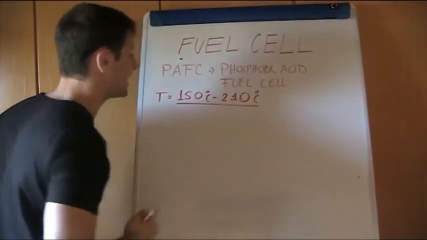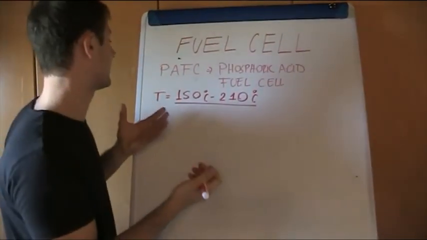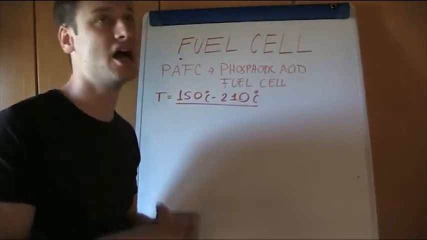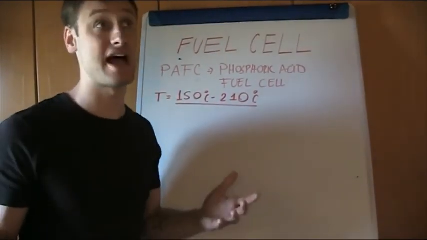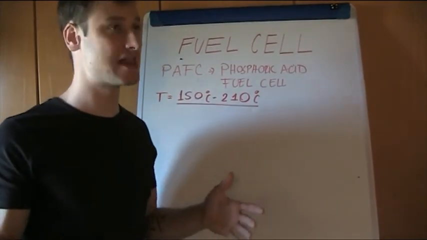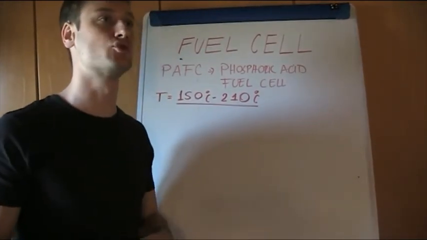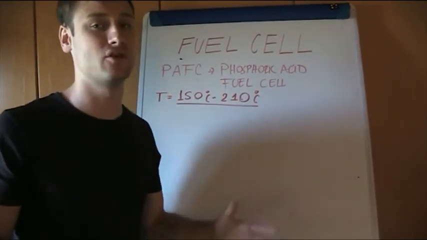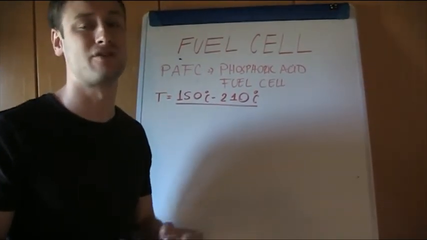So basically we can say that in this case the temperature, even if it's quite higher with respect to conventional types of fuel cell, such as the proton exchange membrane fuel cell, in which we know that the temperature should remain at 100 Celsius degrees, or better even 180 Celsius degrees in order to avoid drying.